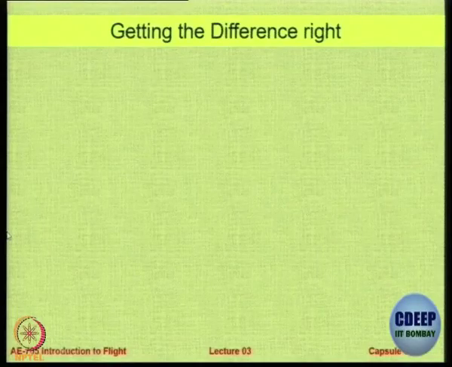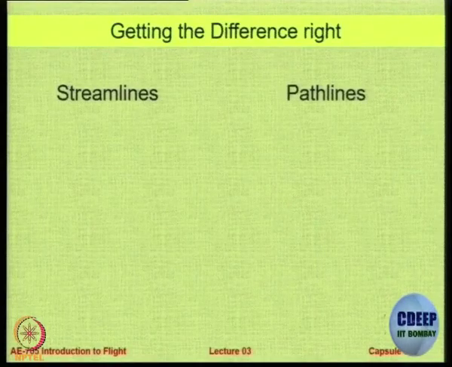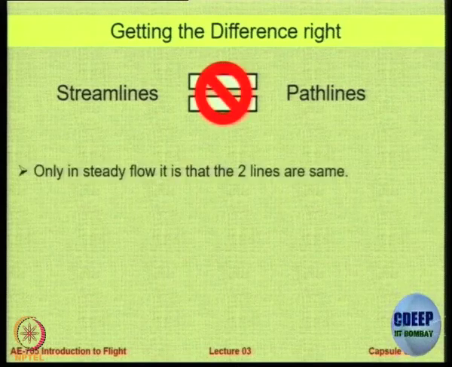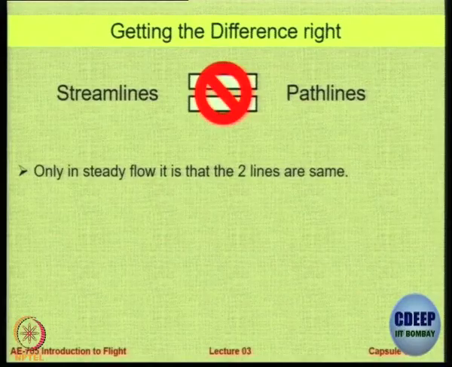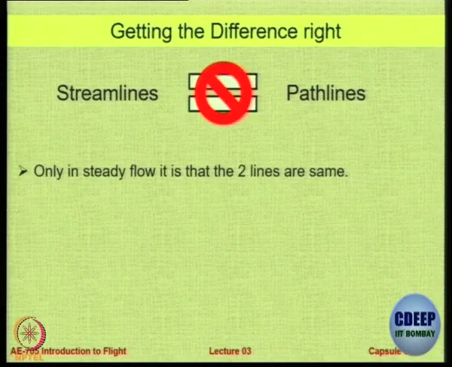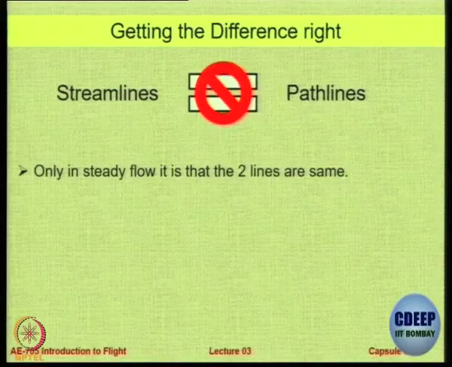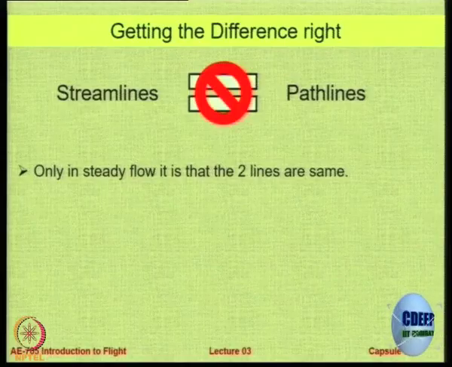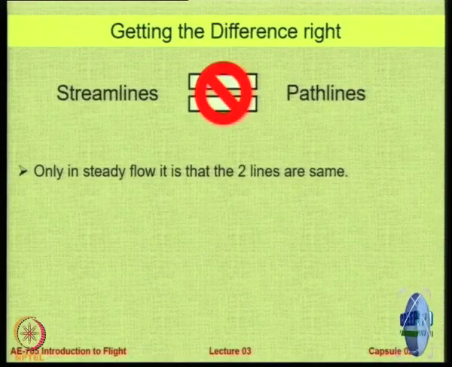Alright. So let's understand the difference between streamlines and path lines very clearly. They are not equal. First of all, they will be the same only if it is steady flow. What is meant by steady flow? When the path lines and the streamlines are identical. Okay. This helps to define steady flow.